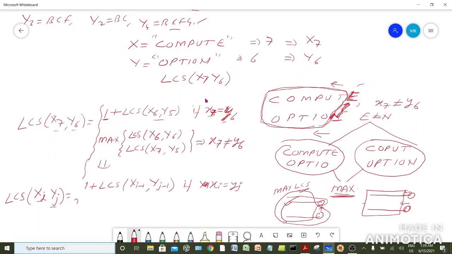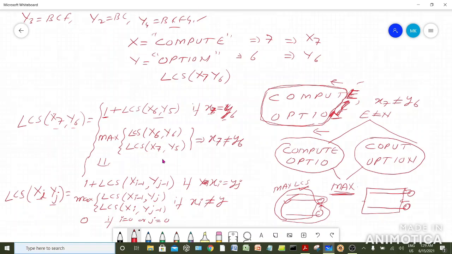Then it was equal to max of LCS of x of i minus 1 and y of j, and LCS of x of i and y of j minus 1 if x of i was not equal to y of j, and there is one another, that is equal to 0 if i was equal to 0 or j was equal to 0. Now what does it mean? What does it mean?